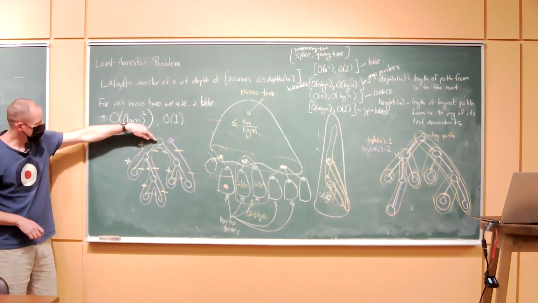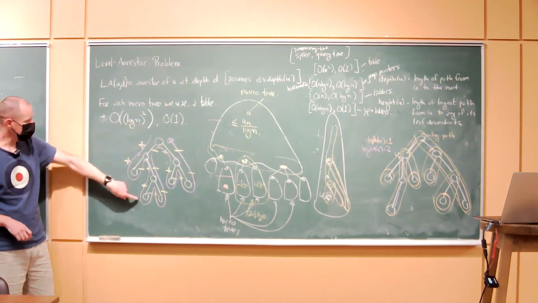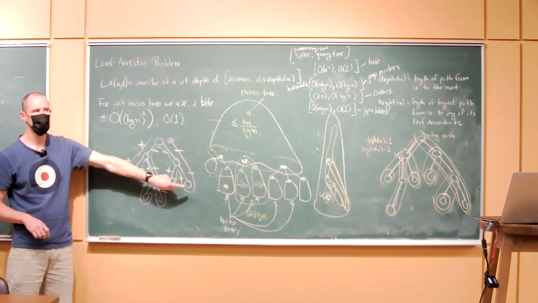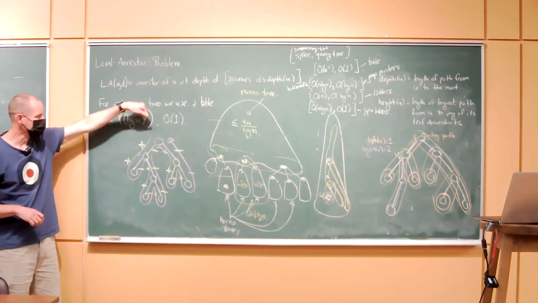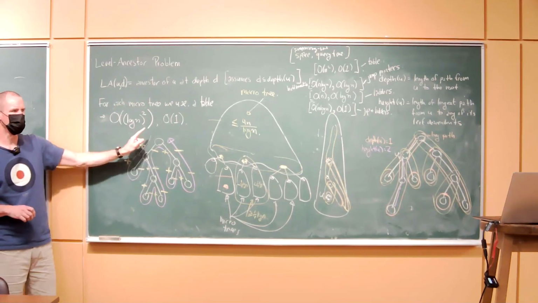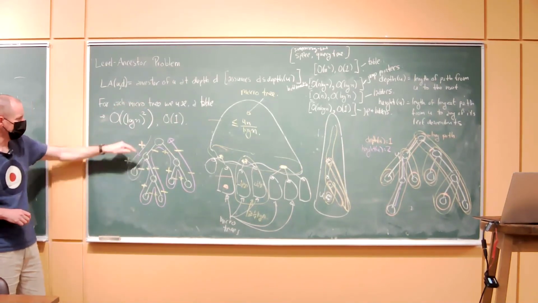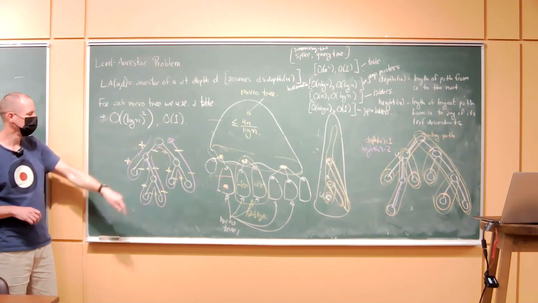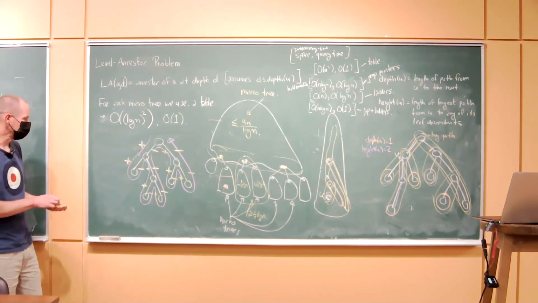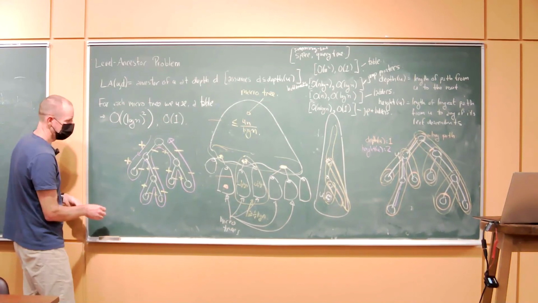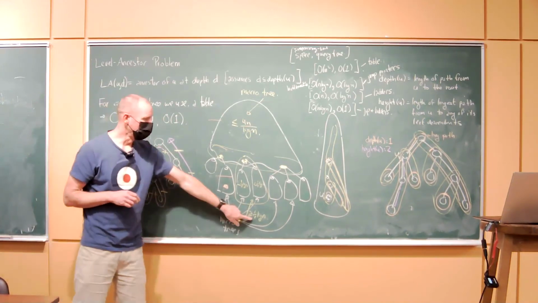The length of that sequence is exactly twice the number of edges in the tree, because you go down each edge once and you go up each edge once. The number of edges in the tree is exactly one less than the number of nodes in the tree. So I'm getting a sequence of pluses and minuses of length at most 1/4 log n.